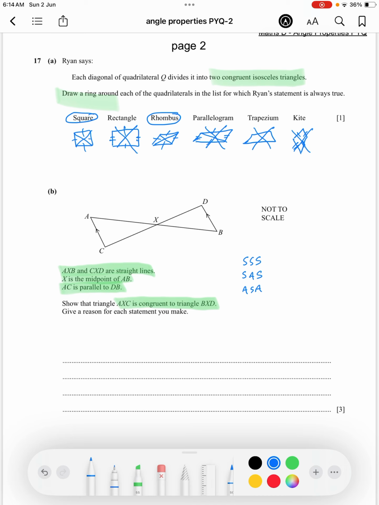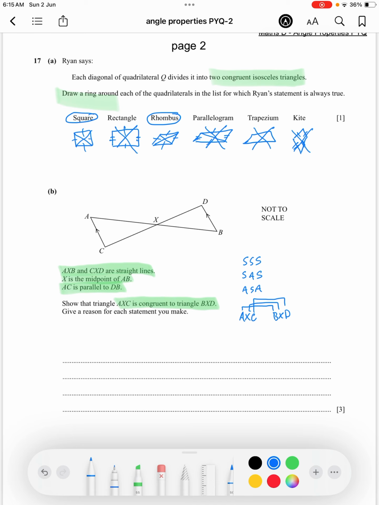Then you can prove that AXC is congruent to triangle BXD. Also take note of the corresponding vertices: A with B, X with X, and C with D. So we use this one every time we want to label.